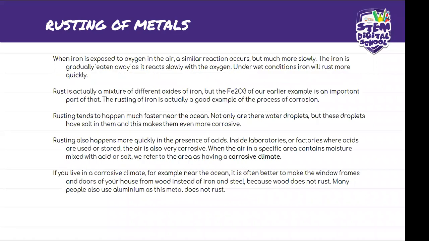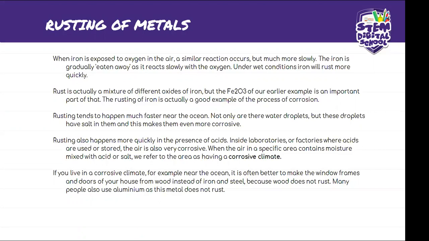Okay, so let's go on. We're still on rusting. When iron is exposed to oxygen in air, a similar reaction occurs, but much more slowly. This iron is gradually eaten away as it reacts slowly with oxygen. Under wet conditions, iron will rust more quickly. What it means is that the higher the water content, the faster the rusting.